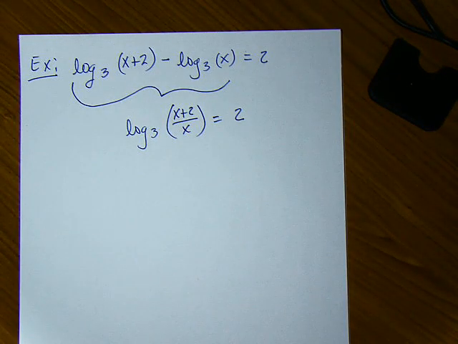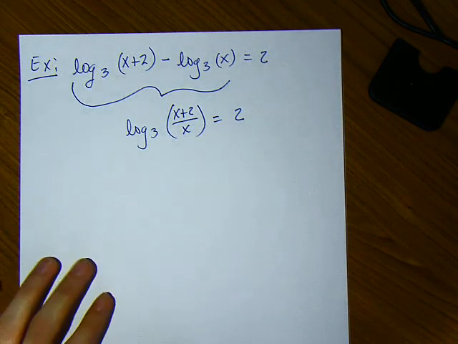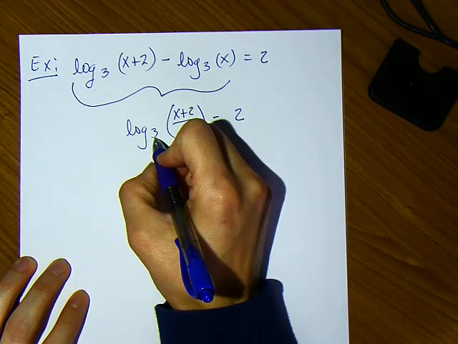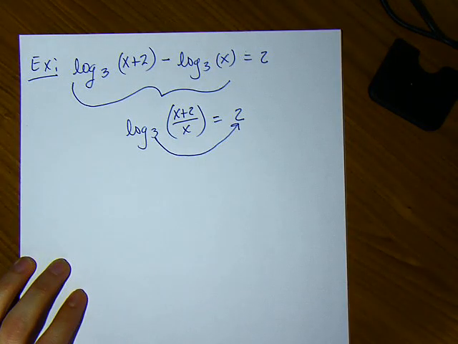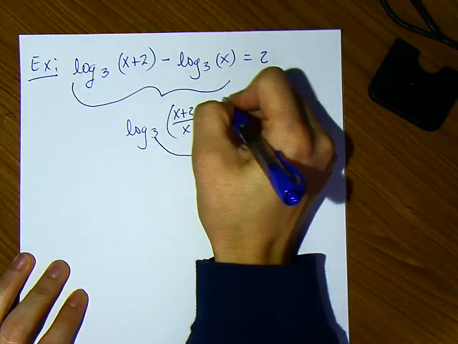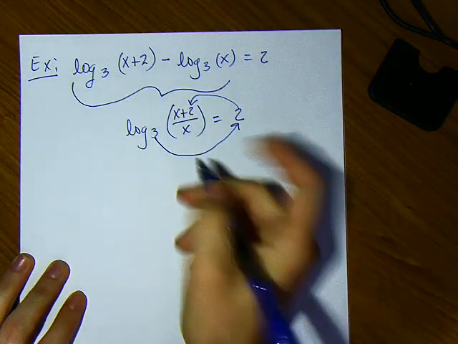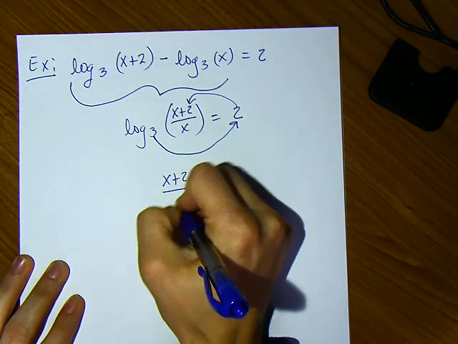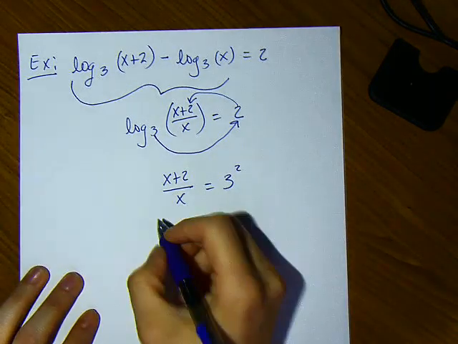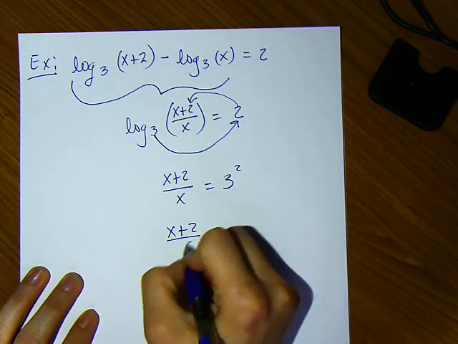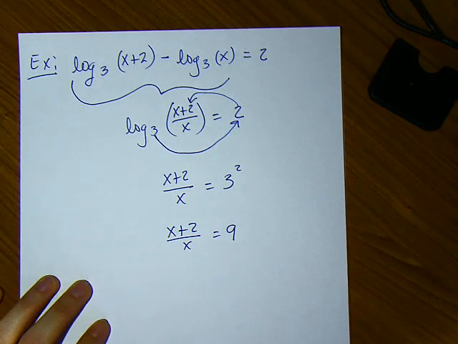And now to write it back in its exponential form, if you recall, we'll do the base of the logarithm raised to the power of what the logarithm is equal to, and that must be equal to the argument. So I get x plus 2 over x equals 3 to the second power, or 3 squared. So x plus 2 over x is equal to 9.